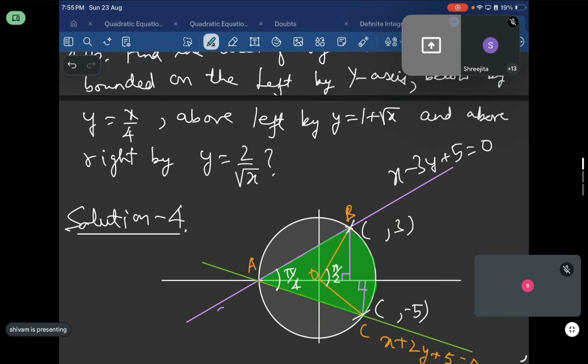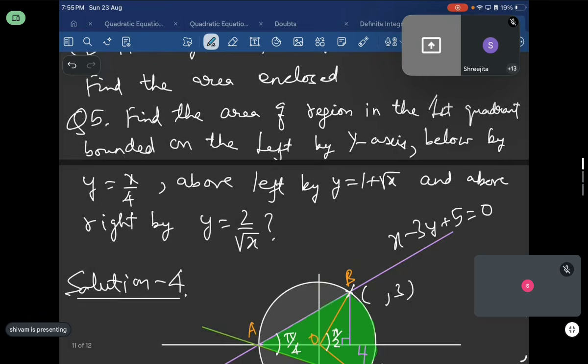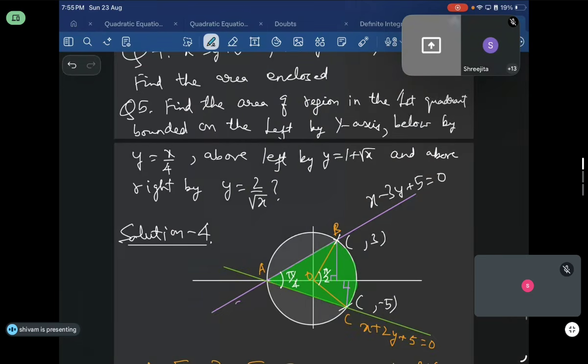Okay, understood? No, it is x by 2 root over a square minus x square plus a square by 2 sin inverse x by a, something like that. You have to check.